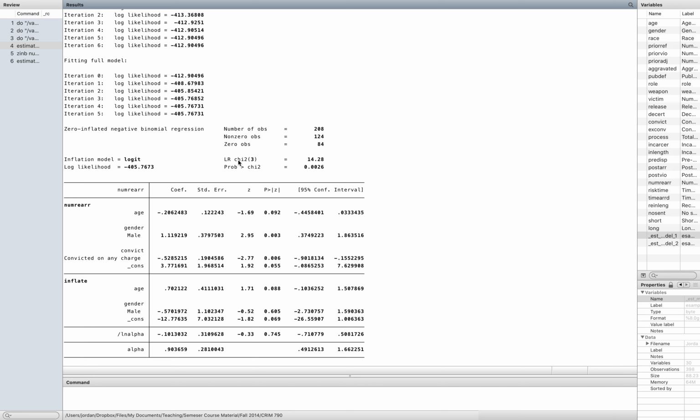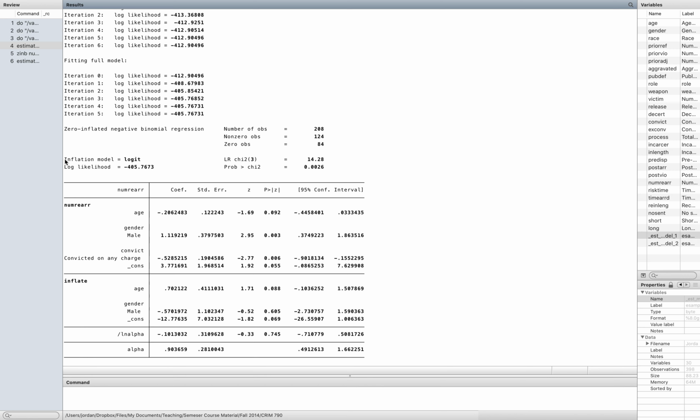The likelihood ratio chi-square is testing the null hypothesis that all the coefficients are equal to 0 in the model. Because it's significant, it's less than 0.05, that's telling you at least one of the coefficients is significantly different than 0 in the model.